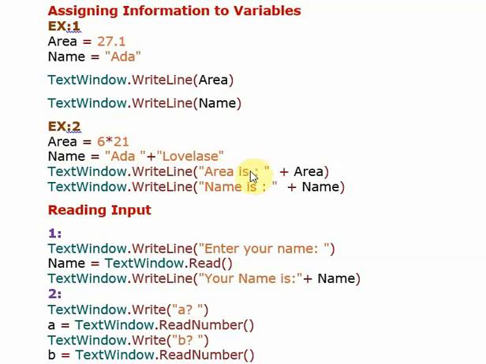Now the next point, we need to learn something new. See here, TextWindow.WriteLine within the inverted commas. We are telling the programming code we need to print this as it is: Area is, right? This is the format we are using. Always after this string value, if you want to print the actual variable value, you use the plus sign and just give the variable name.